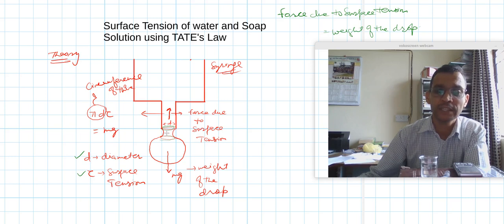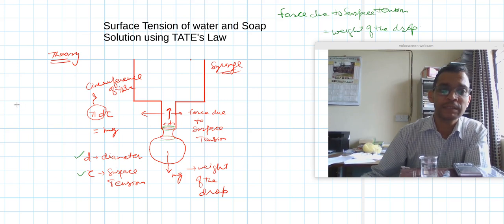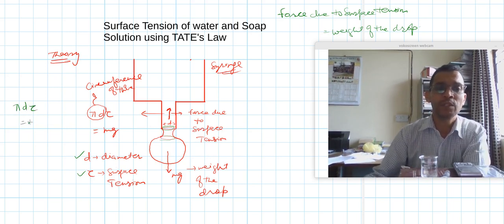When the drop falls down, the drop's weight is balanced by this force. So we will use the formula pi d tau is equal to mg.